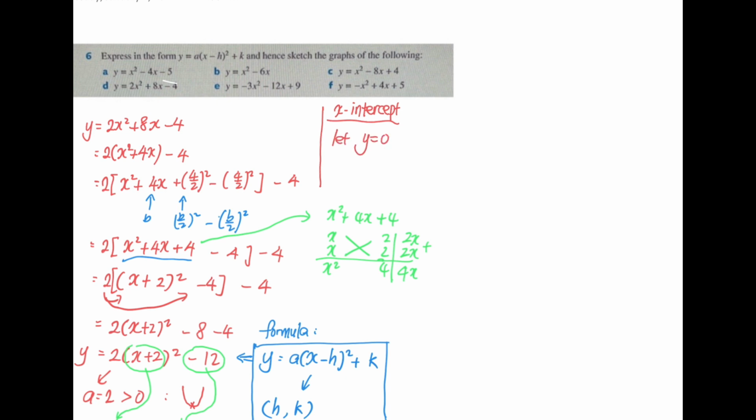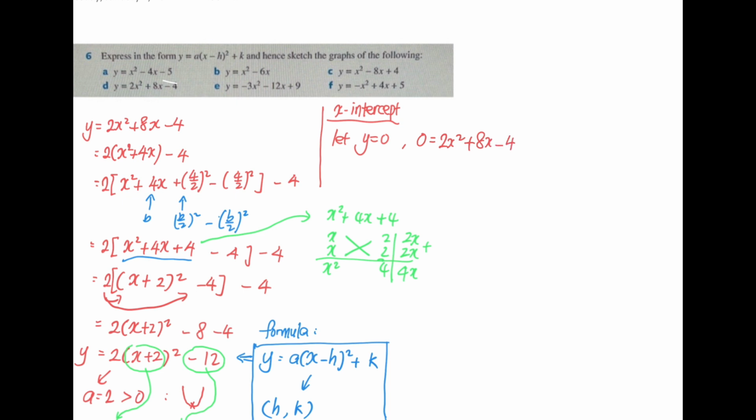We put y equal to 0 into the left hand side of the equation. Put 0 there and we write it in this way: 0 equal to 2x squared plus 8x minus 4.